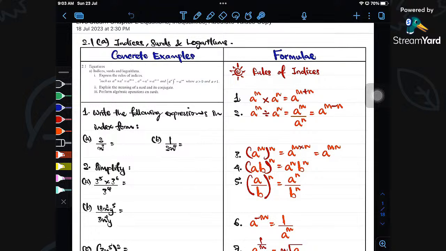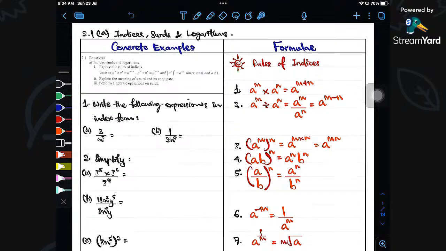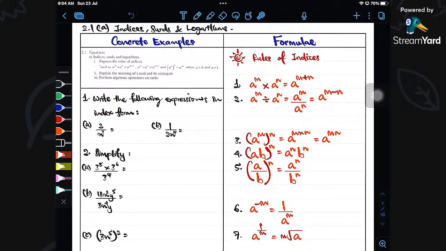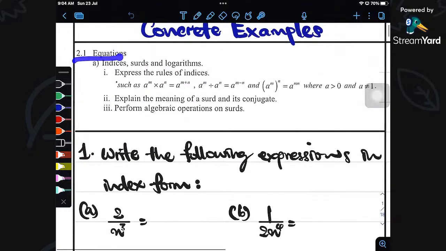Yep, let's start now. Let's begin this lesson, which is 2.1 equations. 2.1 equations consist of two goals, which is one is indices, surd and logarithm.